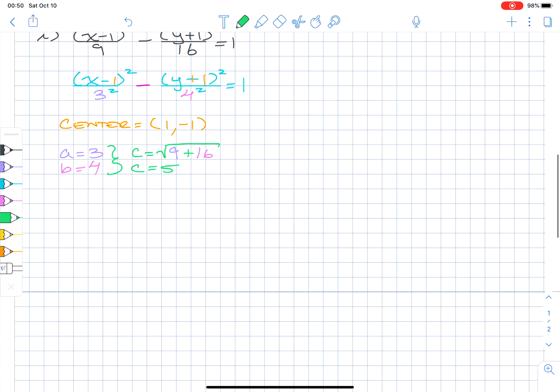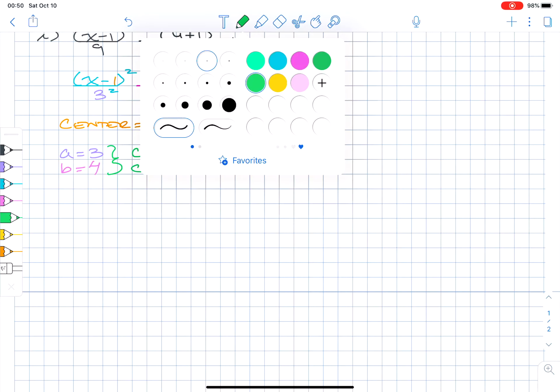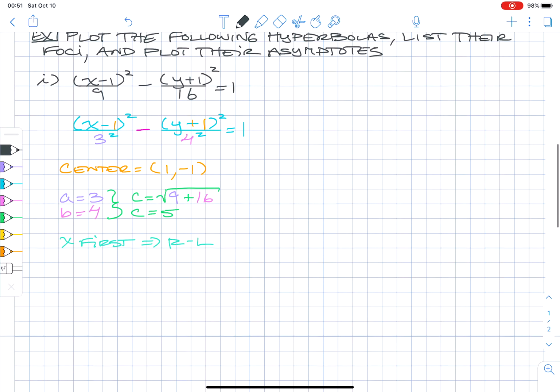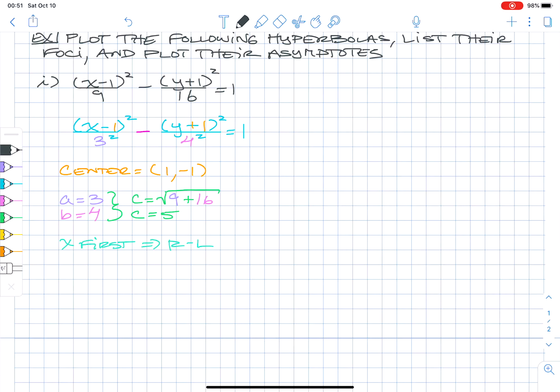Okay, since x first implies right-left, what I'm going to do is, my center is at 1 comma negative 1, and I have slopes. Oh yeah, slopes.